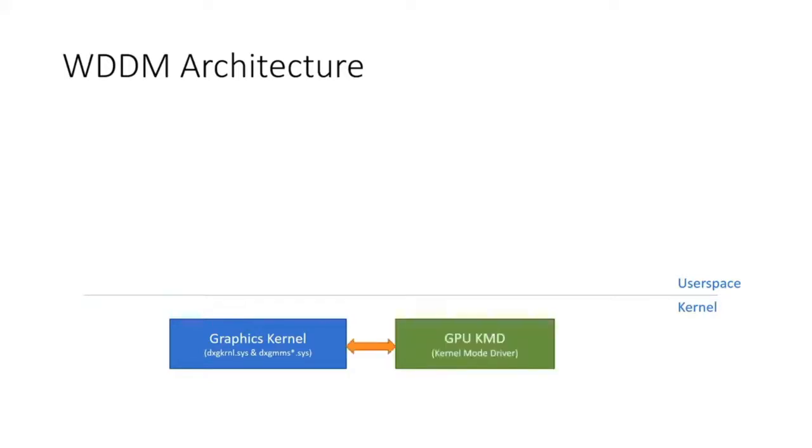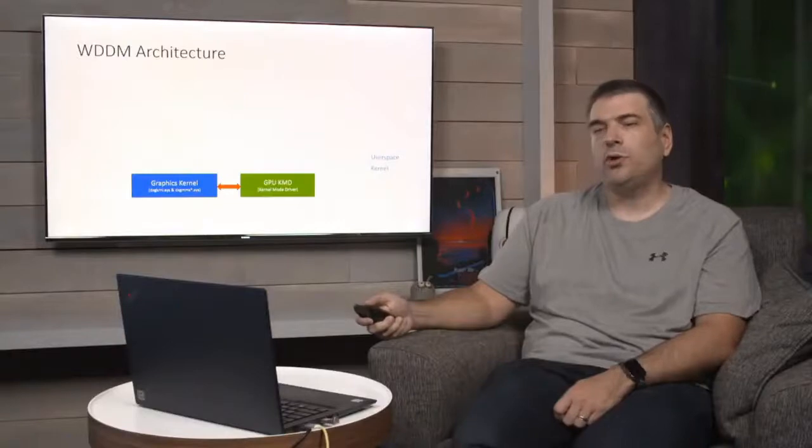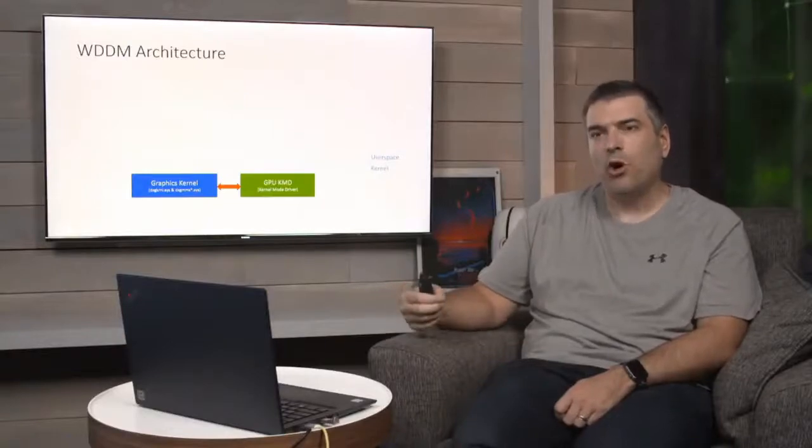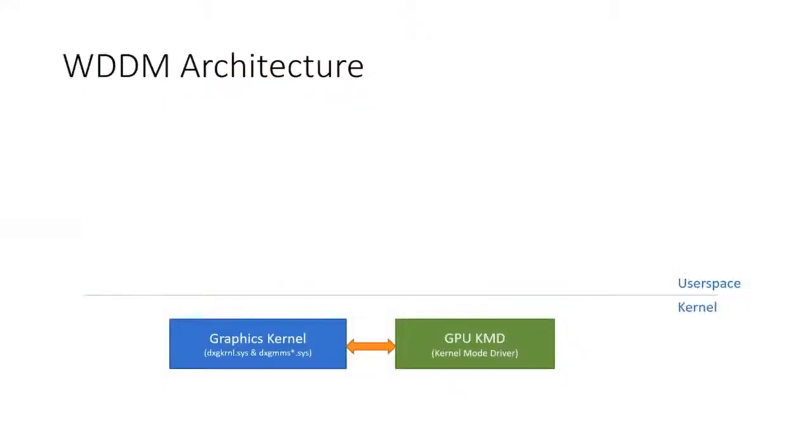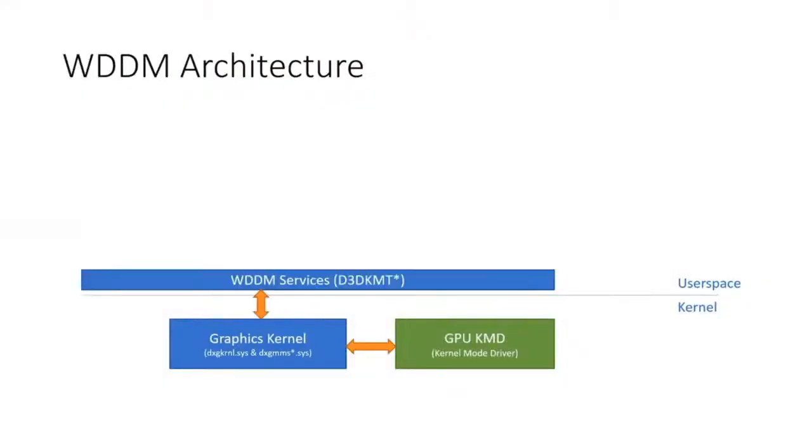The graphics kernel works closely with another component we call the KMD, or kernel mode driver, provided by our ISV partner. You can think of the KMD as the HAL, the abstraction we use to touch the hardware. The graphics kernel never interacts with the hardware directly. We always do it through a DDI, through the kernel mode driver, which ultimately touches the hardware directly.